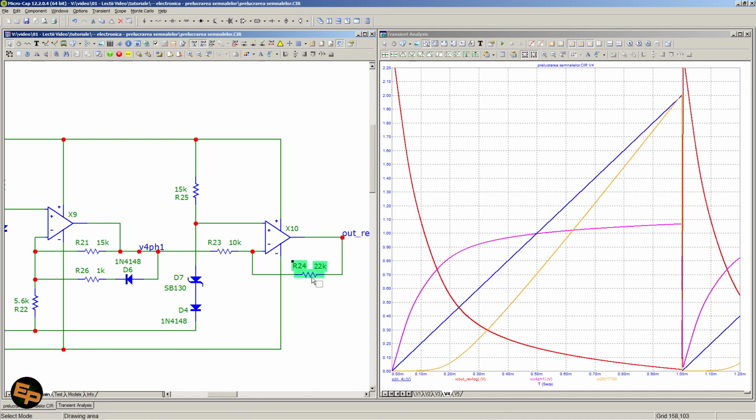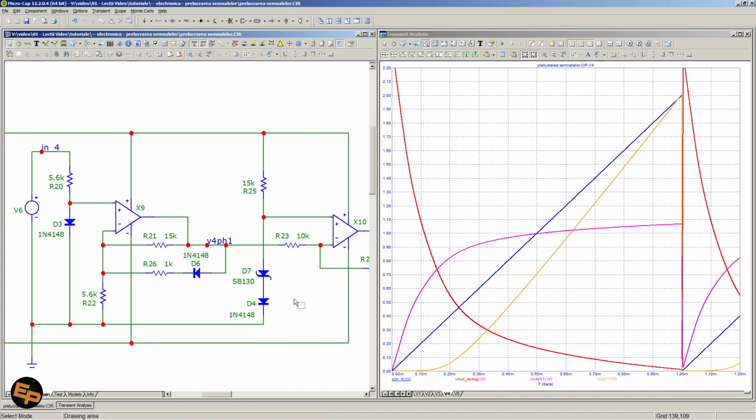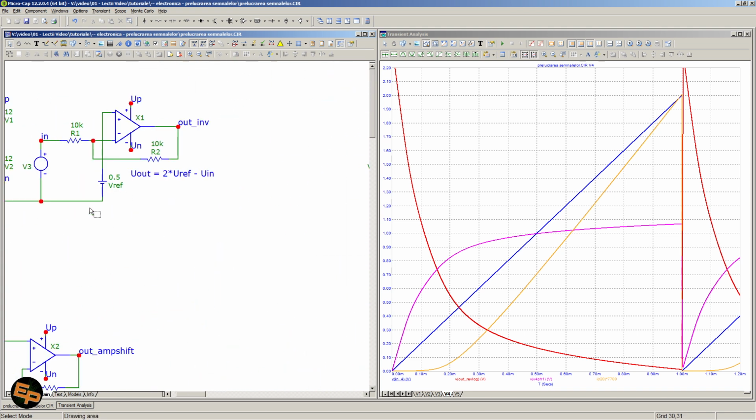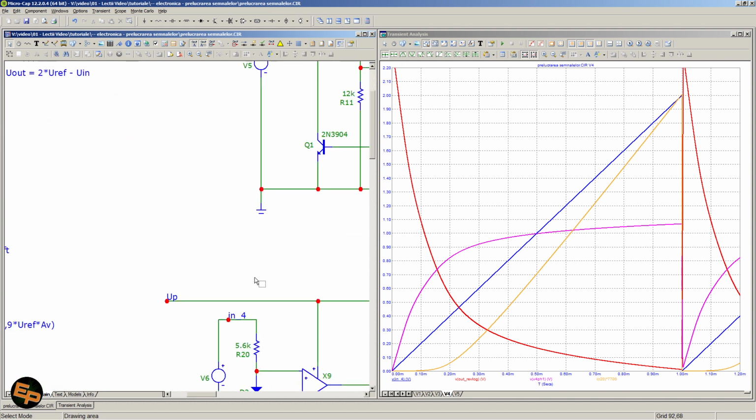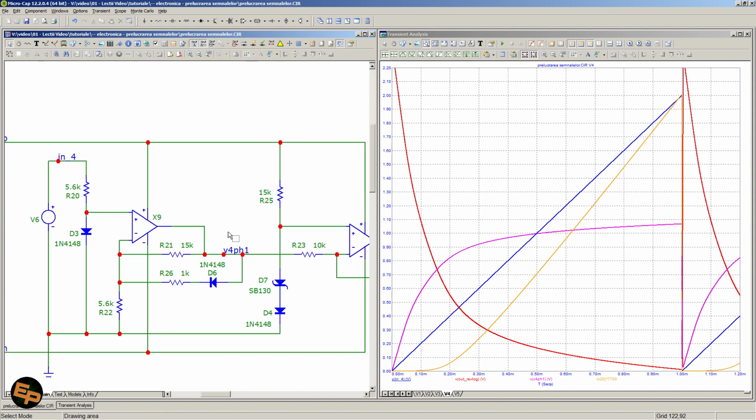It's not much, it's just 2.2, but it's still an amplification factor. And instead of placing just a theoretical voltage reference, I have placed an actual voltage reference made with a resistor and 2 diodes, so that I can simulate this better and make sure that I can do this better in real life, okay?